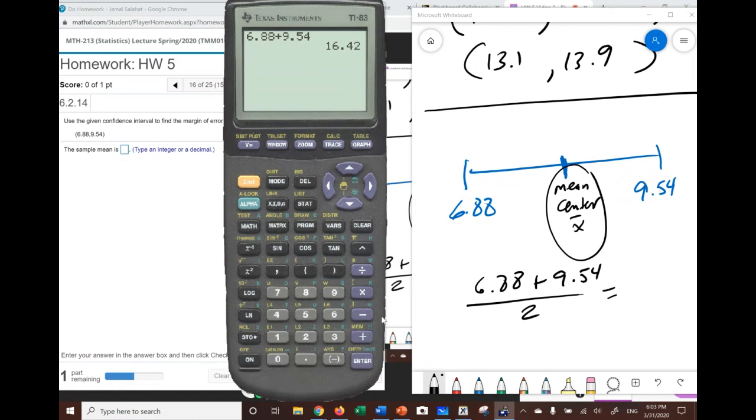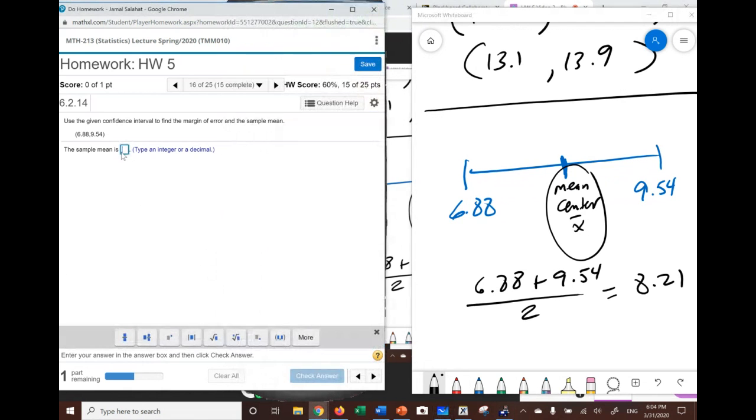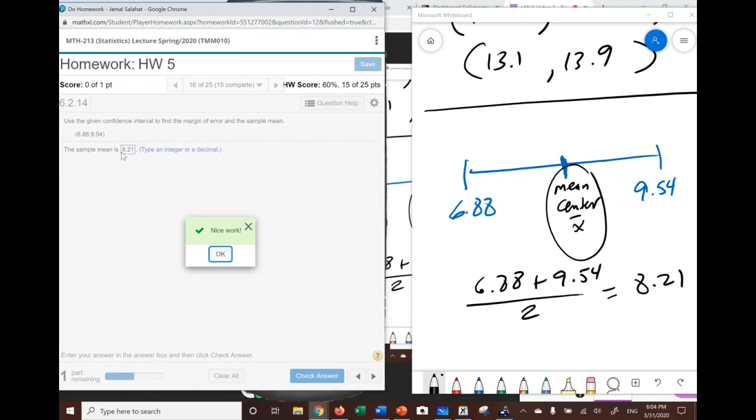You get 16.42. Now you divide that by 2, because if you divide by 2 before you hit equal, you're only dividing the second number. So the mean is going to be 8.21. So that is our mean. Let's put it in here, 8.21. So is this the correct mean? Yes.